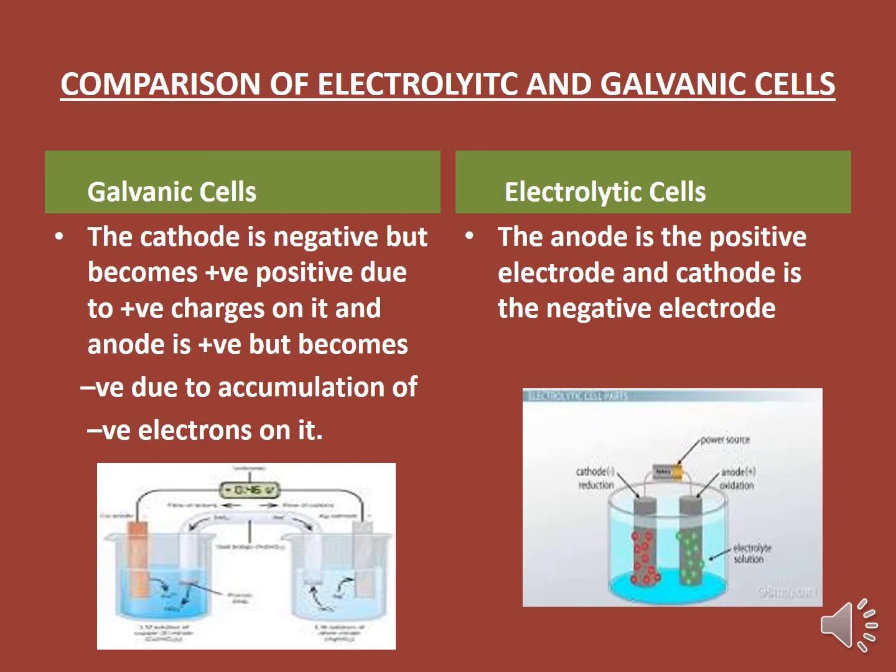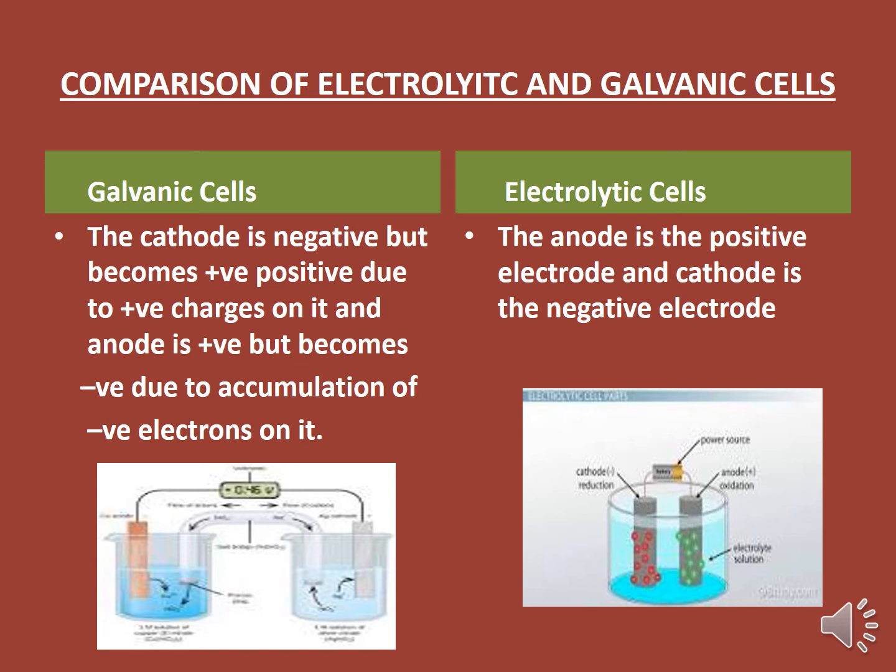In both galvanic and electrolytic cells, oxidation takes place at the anode and reduction takes place at the cathode. But in a galvanic cell, the cathode is a negative electrode, but it becomes positively charged because of the accumulation of positive charges in its compartment.